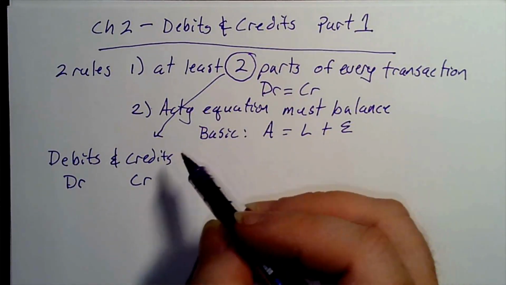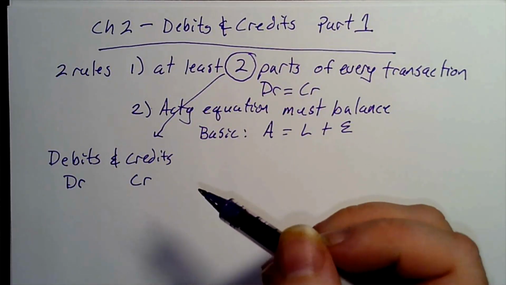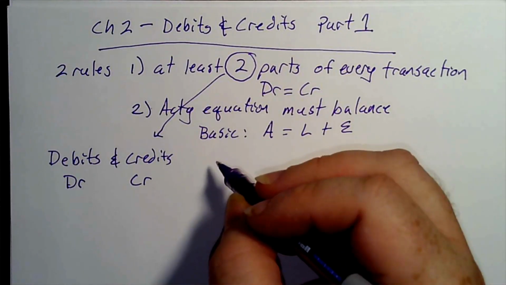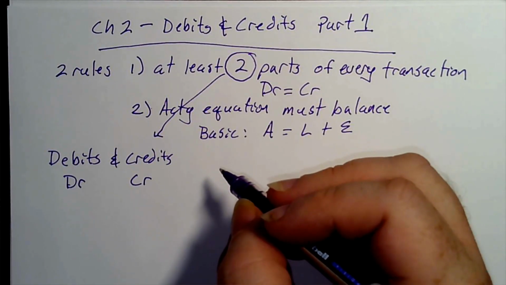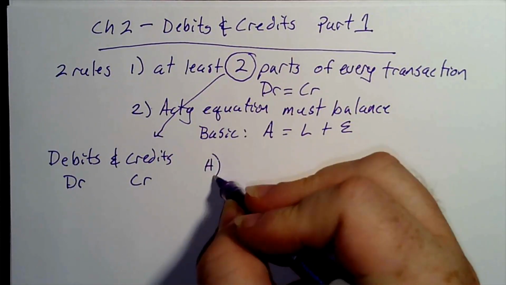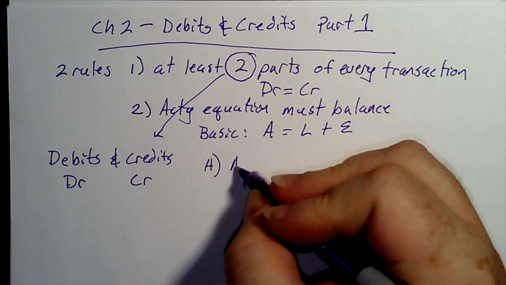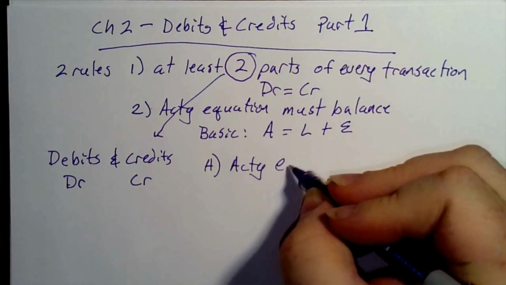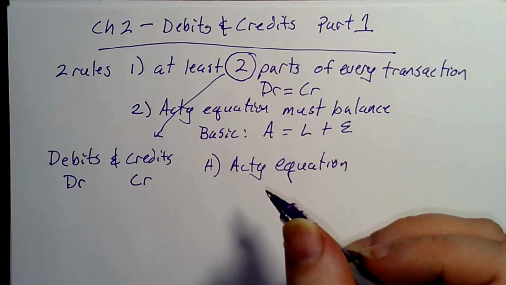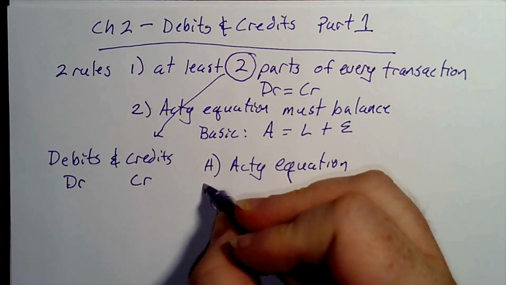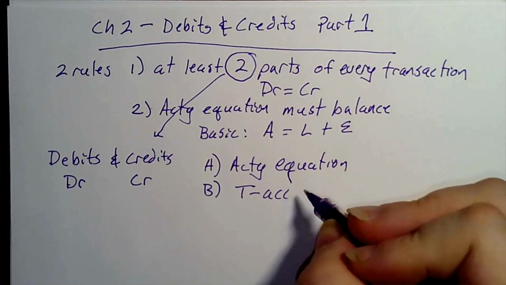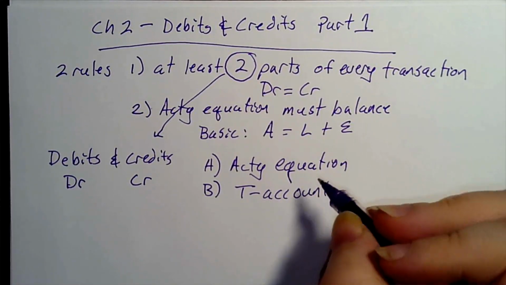So remember, we're going to be using debits and credits as a way to record business transactions. How we've been looking at the business transactions so far is in one format: the accounting equation. Over the course of chapter 2, we're going to look at 3 more formats. The second format is going to be called the T account, and it's going to be using debits and credits.